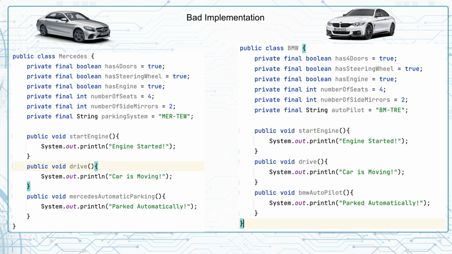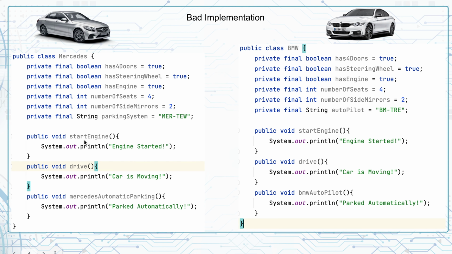Now let's see a real-life example in order to understand inheritance more. First, we have here a bad implementation. This application, or these two classes, is not using the inheritance principle. As you can see, we have two cars here, Mercedes and BMW. They both have things in common. For example, they both have 4 doors and steering wheels as properties.